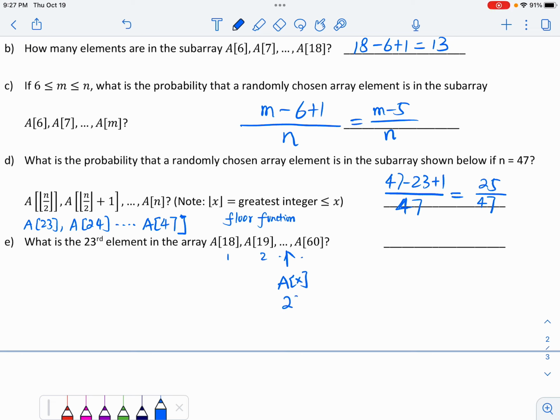That's the 23rd one. By the counting formula, we know x minus 18, and don't forget to add 1. There are 23 numbers there, right? So that's the equation that we want to set up. x minus 17 equals 23. So x is actually 40. So what is the 23rd element? It will be A40.